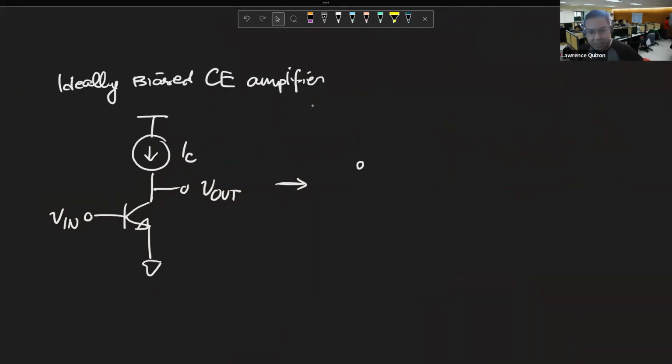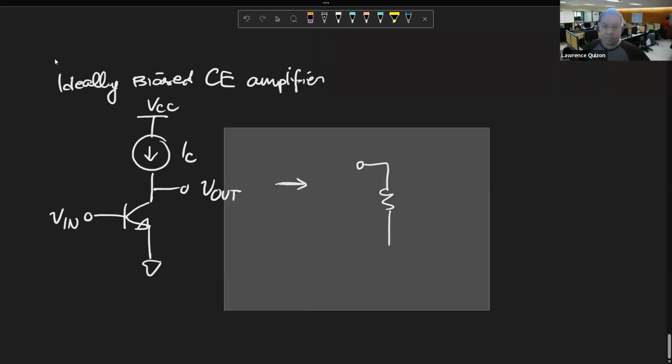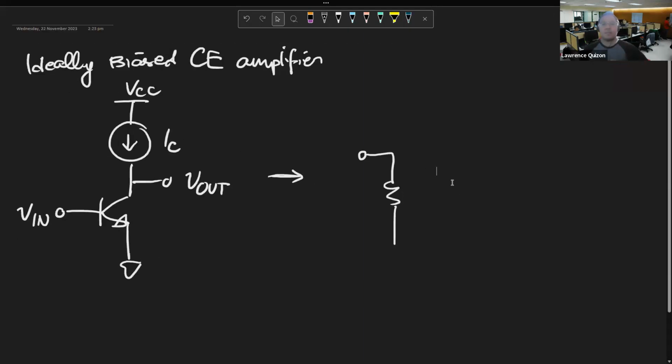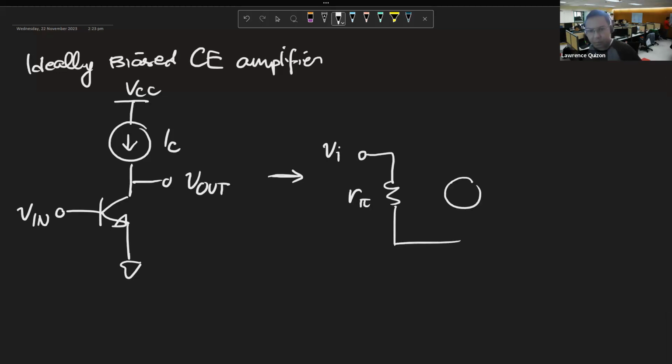So ang small signal equivalent neto would be, let me transfer this to the other node. So similar, then we have r_π, no? So v_in, we start with v_in. We go through r_π. We have gm v_in.